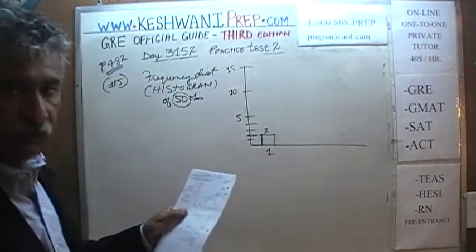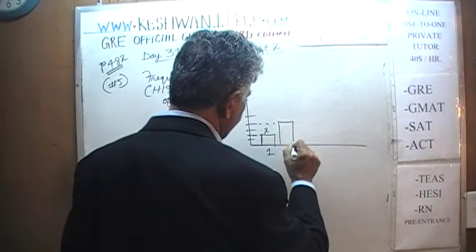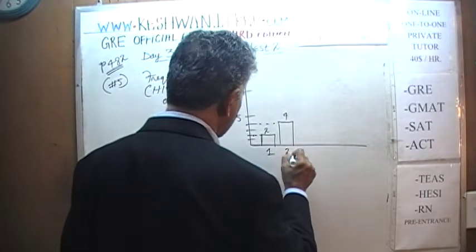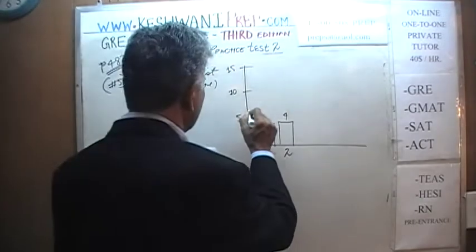We are told that 4 students had a score of 2. 4 students right here had a score of 2. We are told that 7 students had a score of 3. 6, 7.